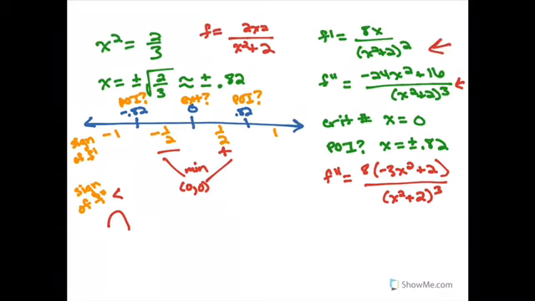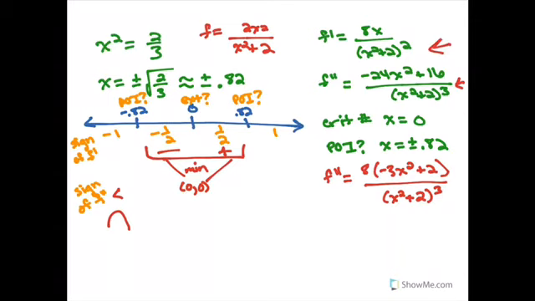Now, technically, anywhere in between here is a good place to evaluate. I could even evaluate at 0. But there are certain problems where I'd want to evaluate at all of them, so I'm just going to evaluate at all of them. But in between negative 0.82 and 0.82, I should not have a change in concavity because they are the only possible places for it to change.